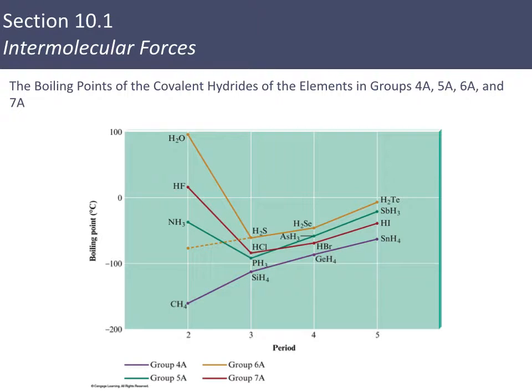Now we're looking at an example of the boiling points for a bunch of covalent hydrides of elements in groups 4A, 5A, and 6A. And in general, the stronger the intermolecular forces, the higher the boiling points. There's such a variation in the boiling point among covalent hydrides in groups 4 through 7.